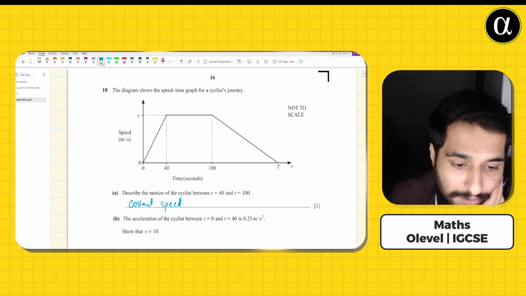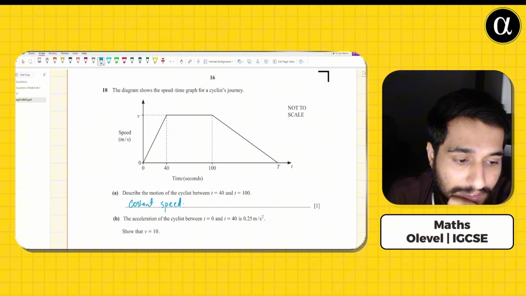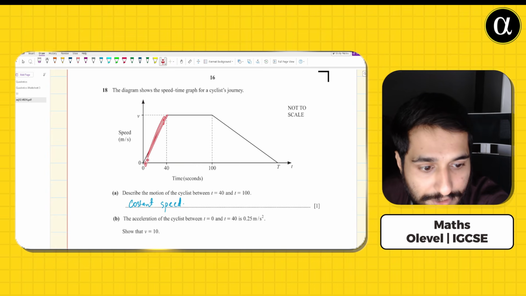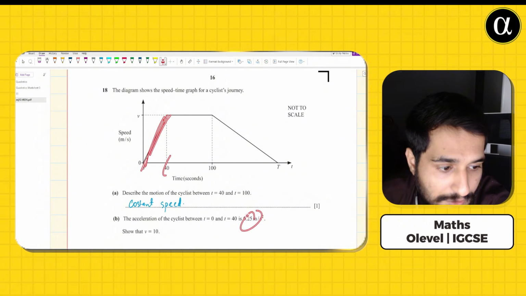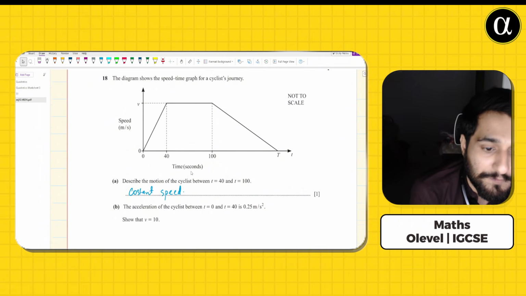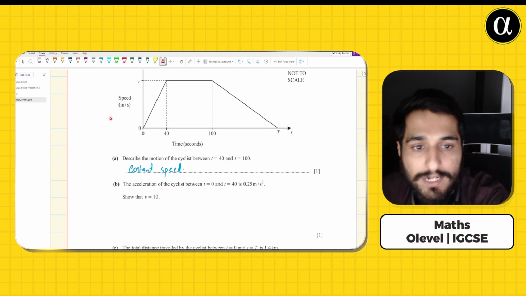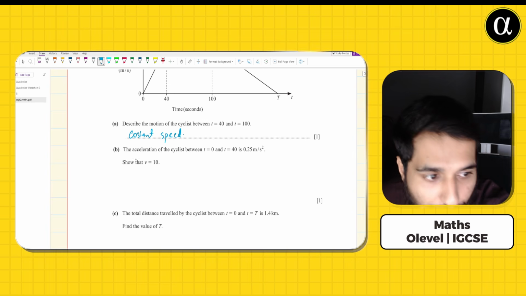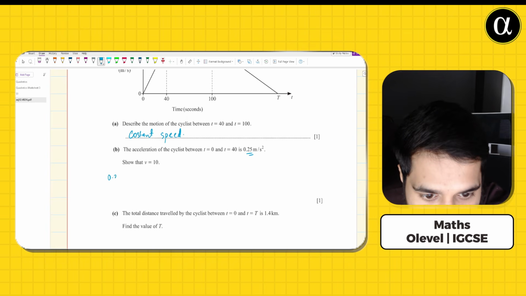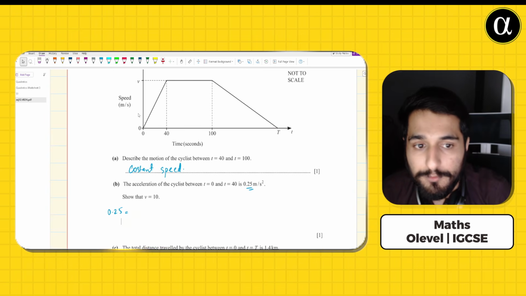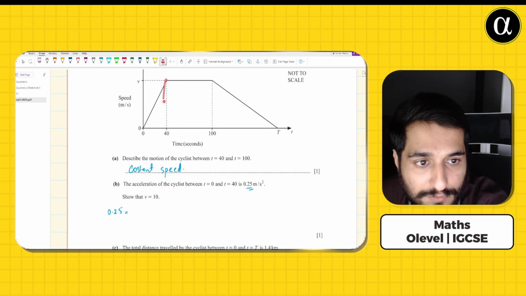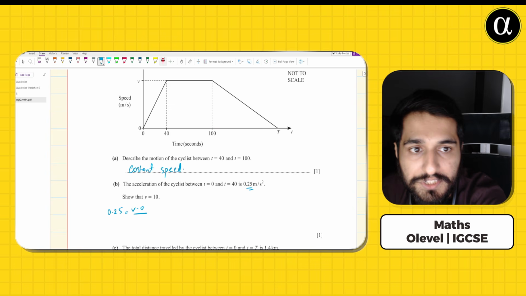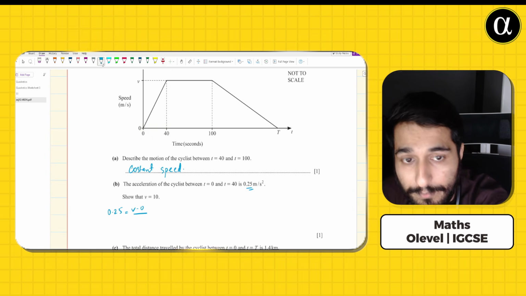Now if we have a look at the other part, it says the acceleration of the cyclist between t = 0 and t = 40 is 0.25. So the acceleration for this part from 0 to 40 is 0.25. We are supposed to show that v = 10. Now we know that for a speed-time graph, acceleration is represented by the gradient, so we can say that the gradient, which is the acceleration 0.25, should be equivalent to y2 minus y1, which means the change in the values of y, which is v minus 0, upon the change in the values of x, which is 40 minus 0.